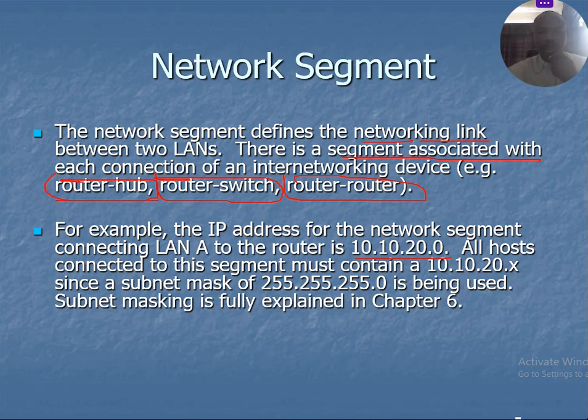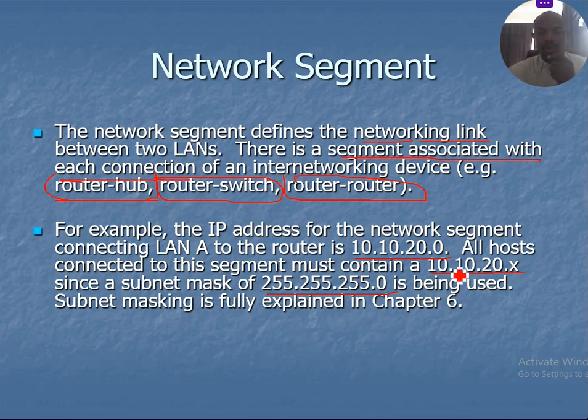Then all hosts connected to the segment must be on the same network as every other host on this segment. We have 10.10.20.1, 10.10.20.2, and so on until you exhaust the range, because your subnet mask is 255.255.255.0.